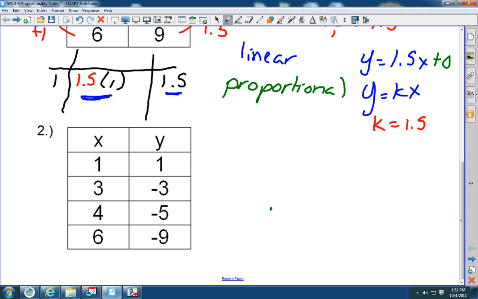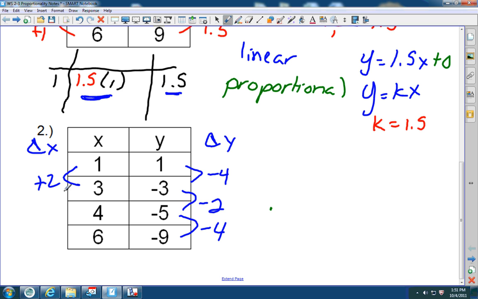Right here, first thing you'll do is delta y. The change in y right here is minus 4. Right here is minus 2, minus 4. Delta x: plus 2, plus 1, plus 2. First thing you want to do is delta y over delta x.